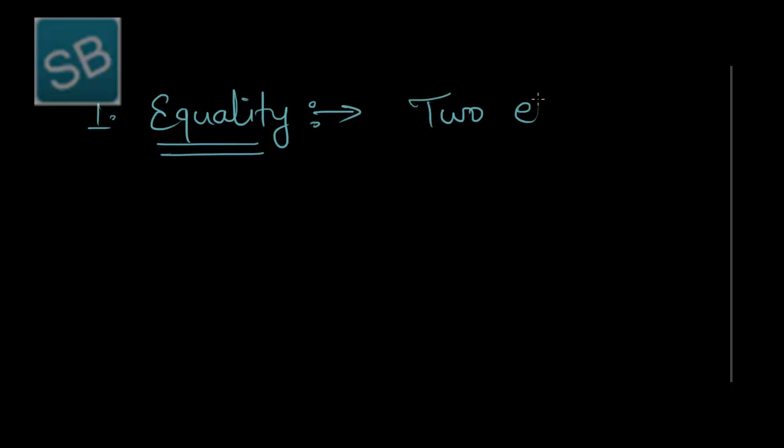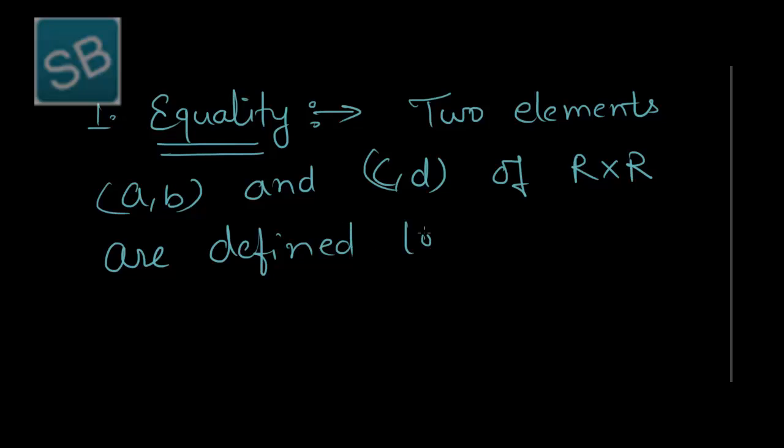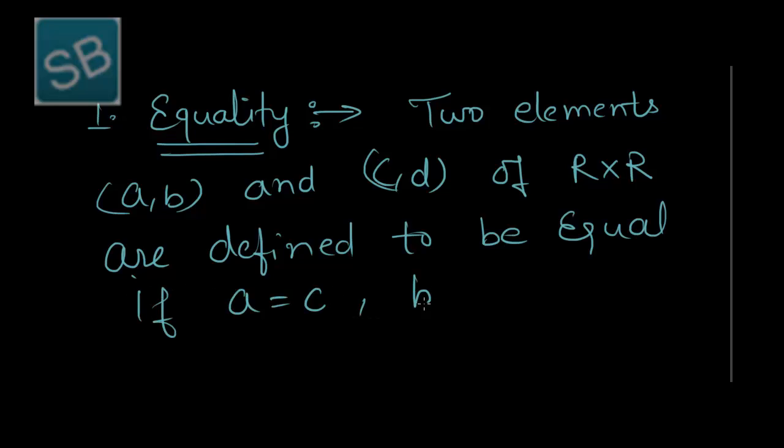So two elements, that is ordered pairs (a, b) and (c, d) of R cross R, are defined to be equal if a is equal to c and b is equal to d.